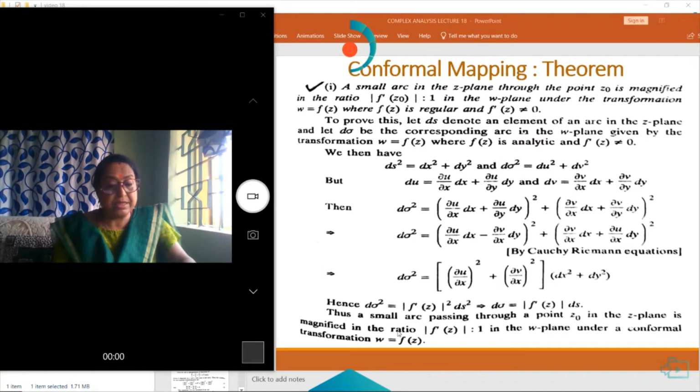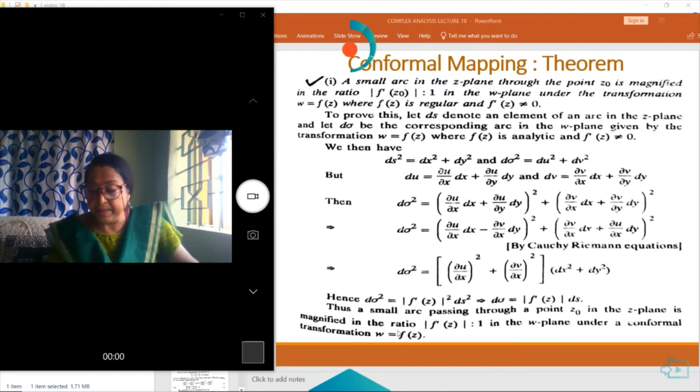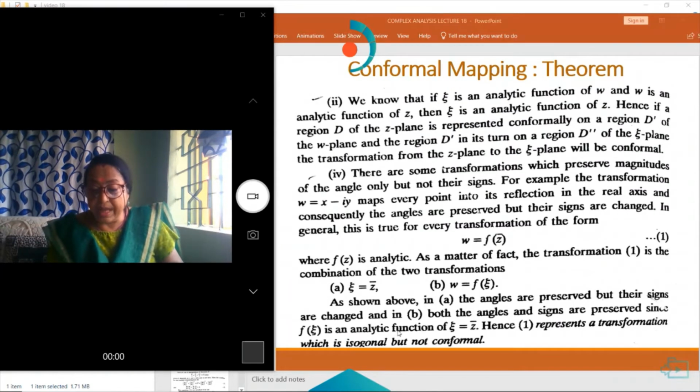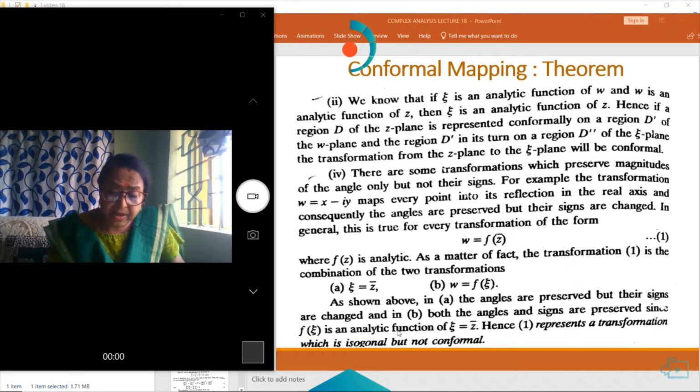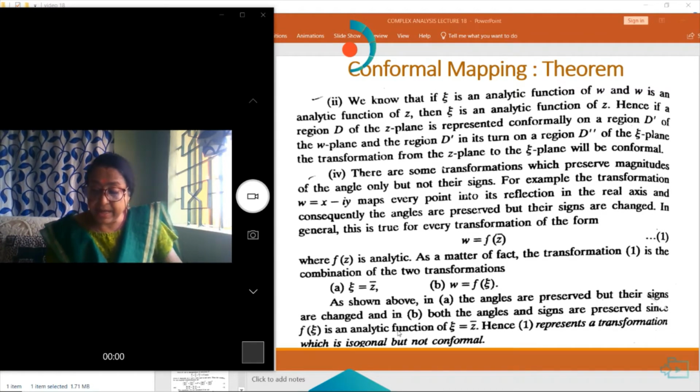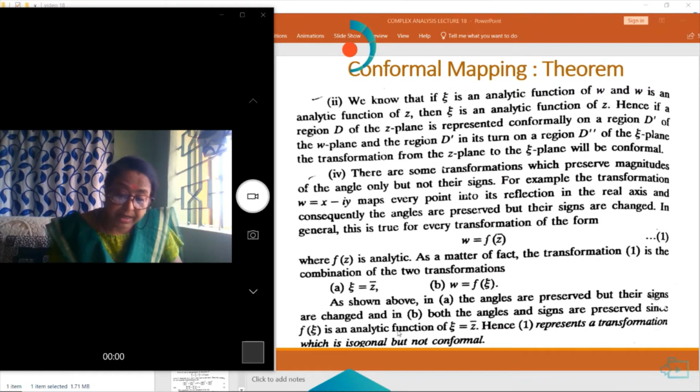Such a combination is a transformation w is equal to f(z). Now we know that if zeta is an analytic function of w, and w is an analytic function of z, then zeta is an analytic function of z.